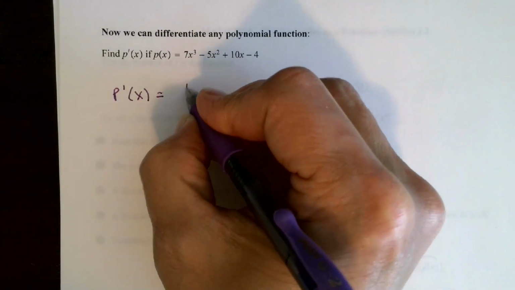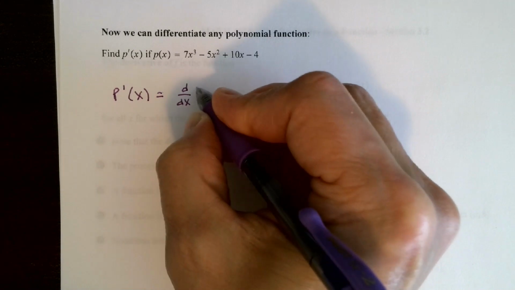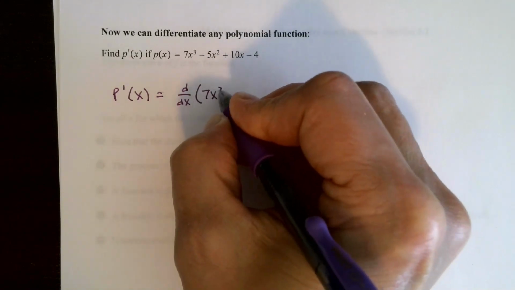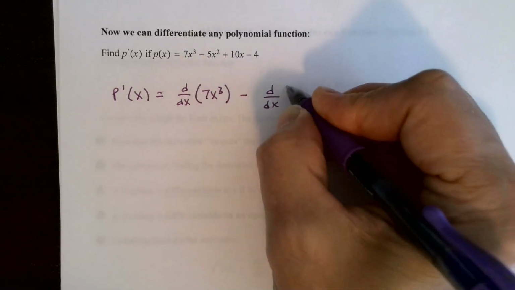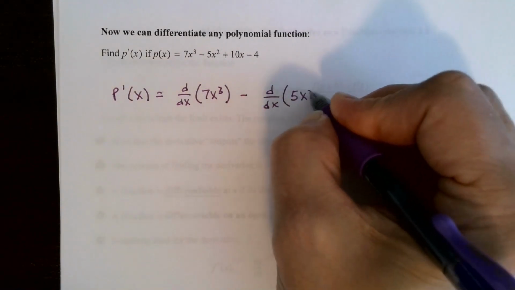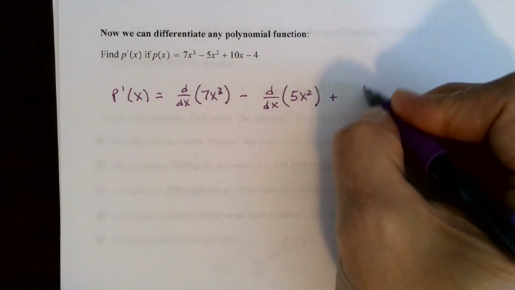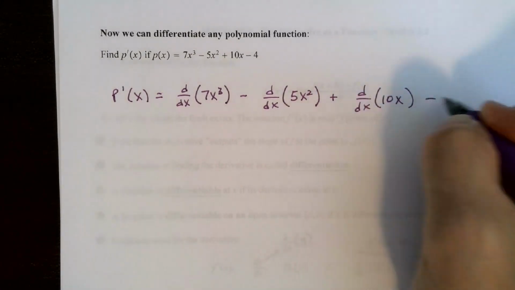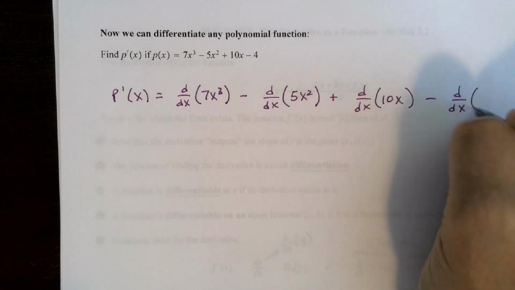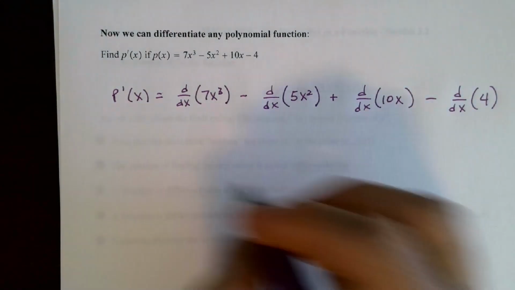So I can take the derivative with respect to x of 7x cubed minus the derivative with respect to x of 5x squared plus the derivative with respect to x of 10x minus the derivative with respect to x of 4. So these are the linearity rules.